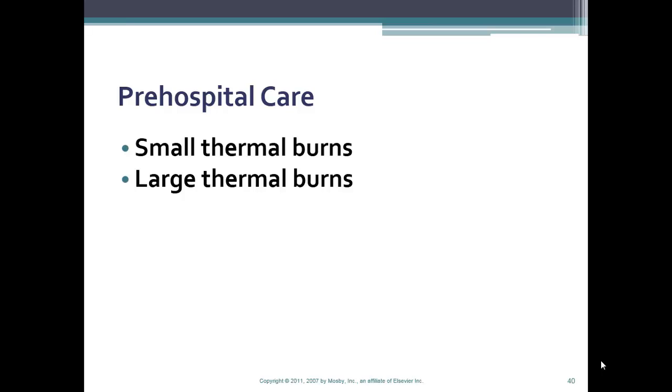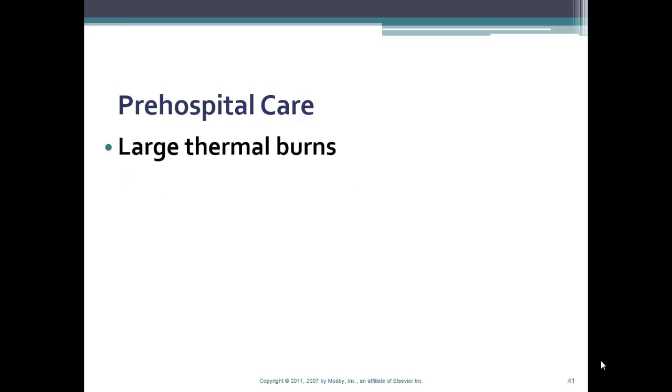If it's a small thermal burn, you're going to cover with a clean, cool, moist towel, and you don't want to keep it on for more than 10 minutes because you don't want the patient to have hypothermia. If it is a large burn, airway, breathing, circulation is your first priority. But for these burns, you're not going to put them in a damp towel.